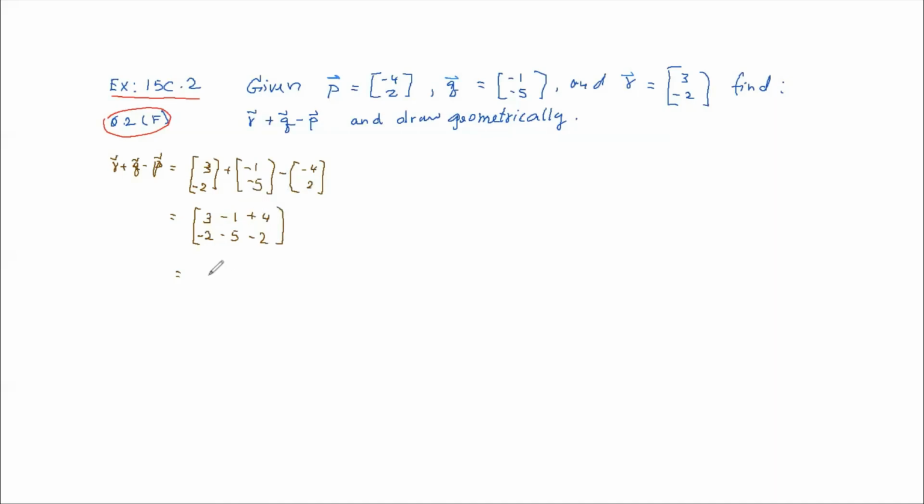Okay, so now simplify, it becomes 7, take out 1, becomes 6 here, right?